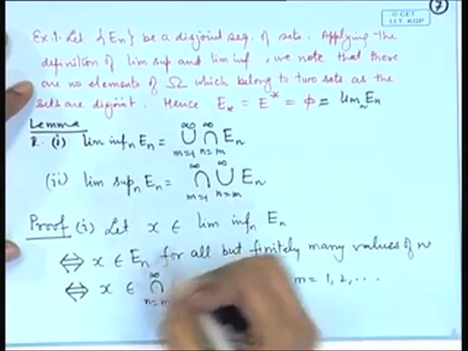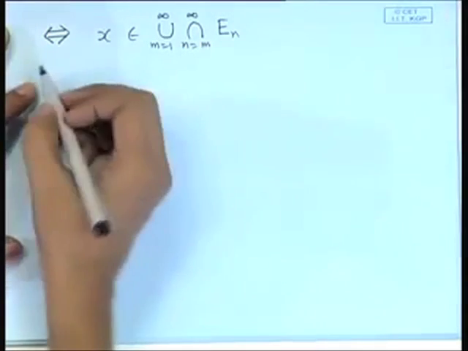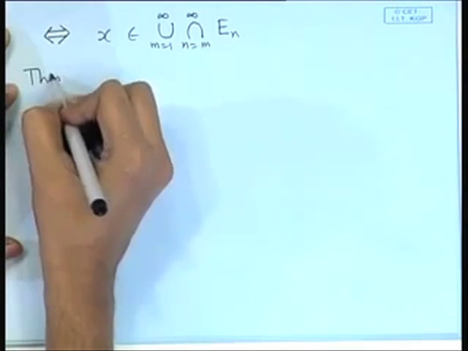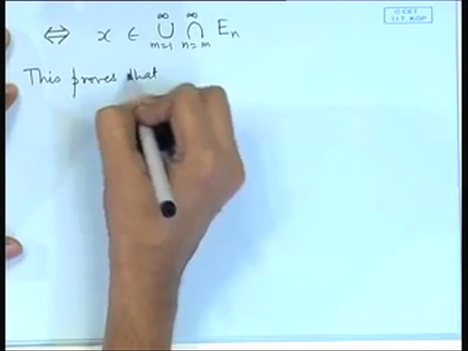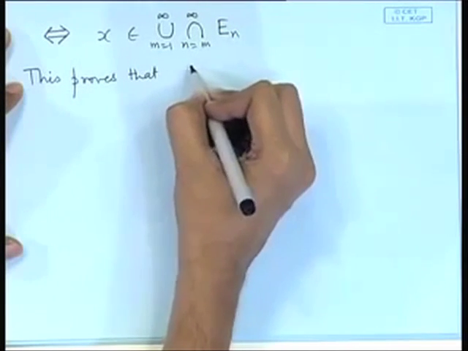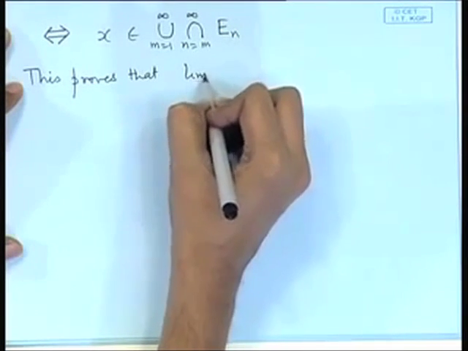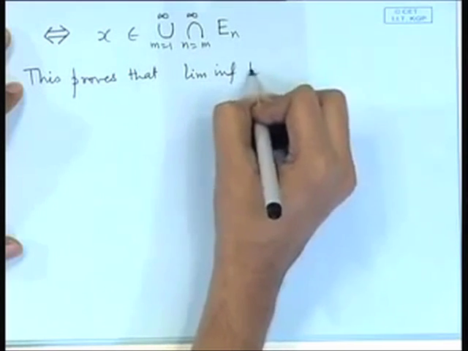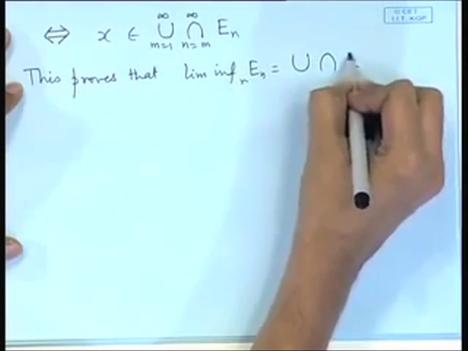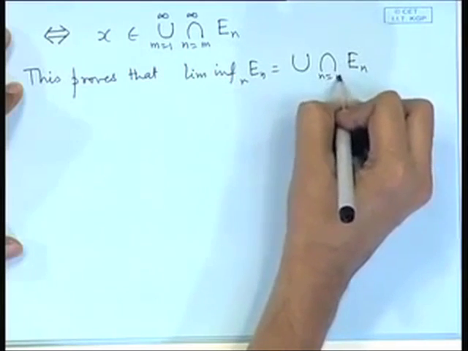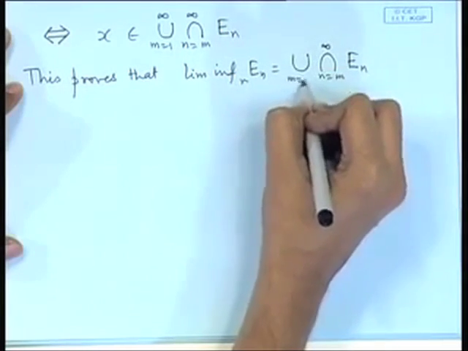Therefore, we have both the implications, and this proves that limit inferior of En is equal to union intersection En, n is equal to m to infinity, m is equal to 1 to infinity.